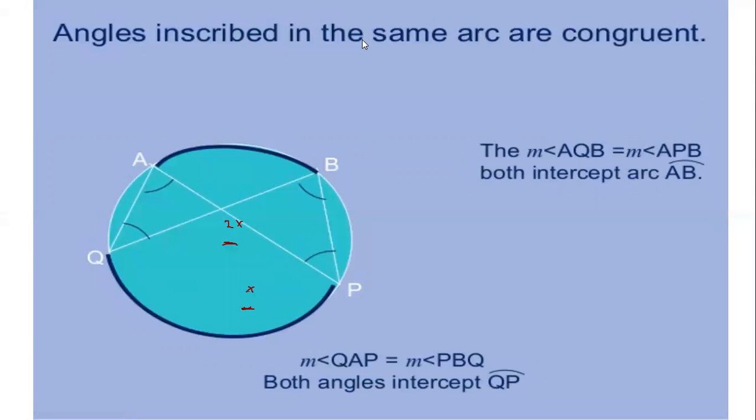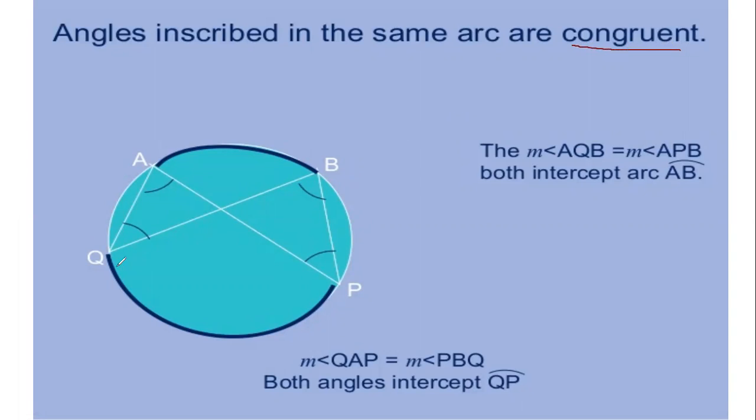If you look at angles which are inscribed in the same arc, those angles are supposed to be equal, what we call congruent. The word congruent here means that those angles are equal.